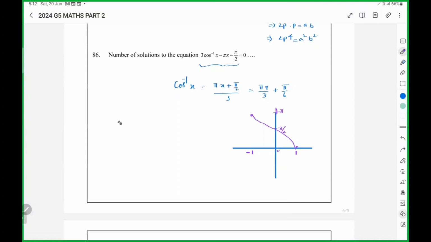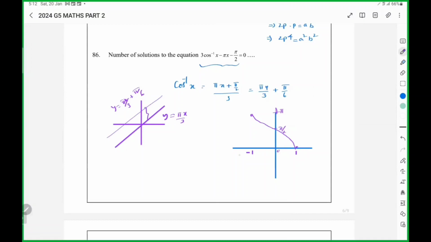Y equal to pi x by 3 plus pi by 6. It's a straight line passing through the origin, shifted up by pi by 6.